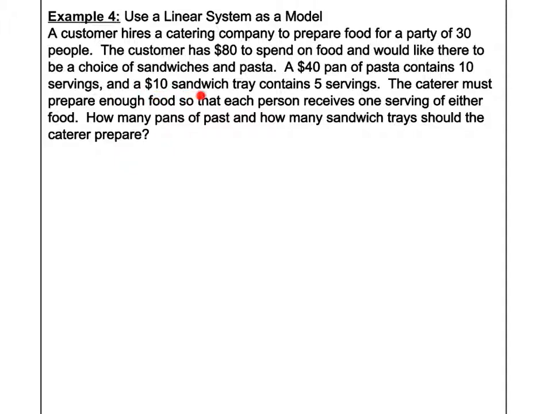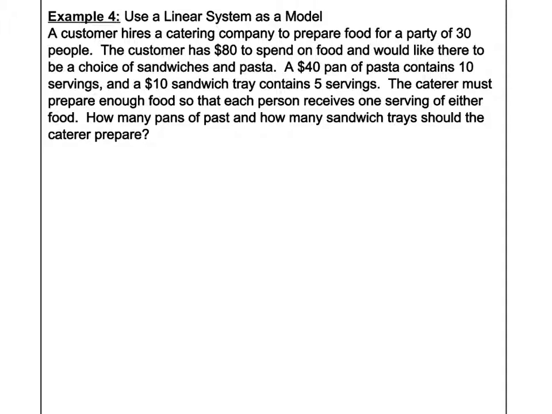A $10 sandwich tray contains 5 servings. The caterer must prepare enough food so that each person receives 1 serving of either food. How many pans of pasta and how many sandwich trays should the caterer prepare? So you've got to set up your equations first. That's the challenging part, no doubt about it.